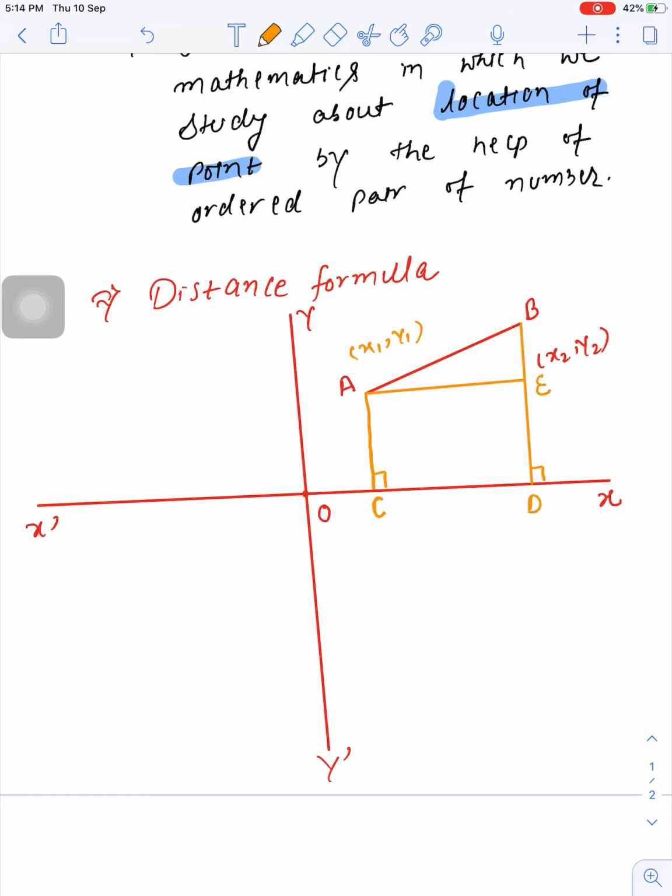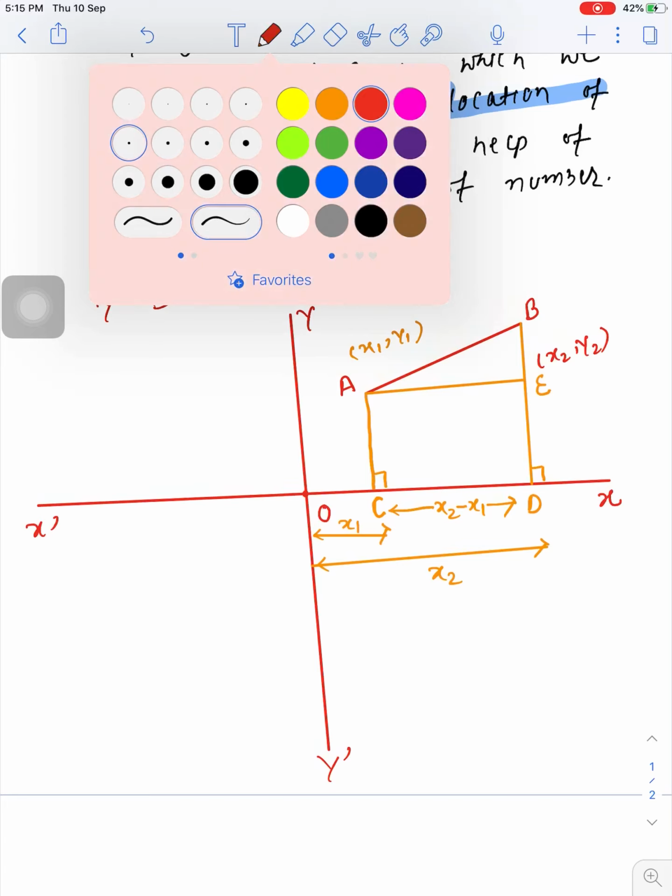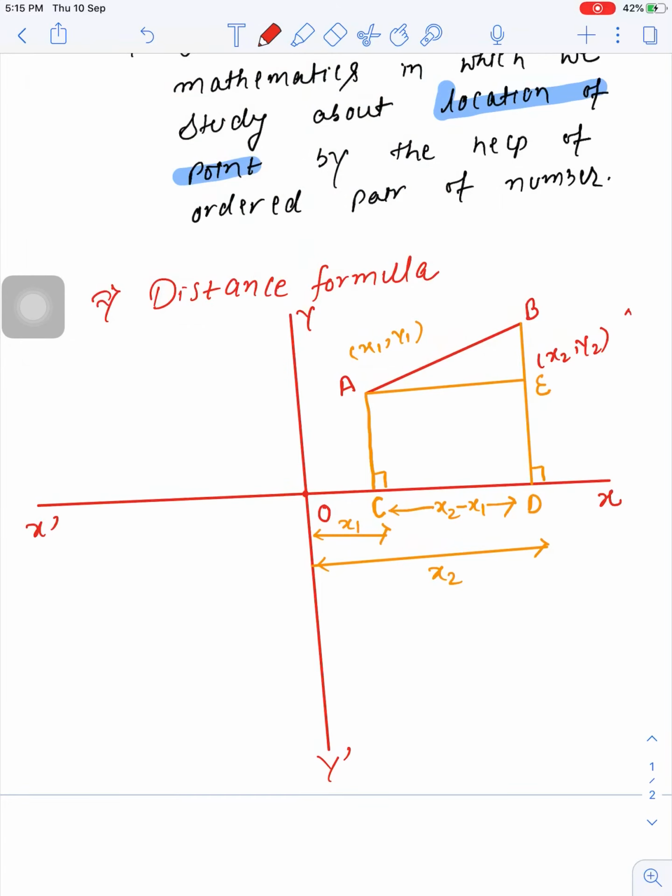Now look, if we go through the measurement part, what will we find? This is x2 and this is x1. So if we calculate CD, what will I get? x2 minus x1. I think there will be no problem because it is clearly visible. Now look, this is our y2.